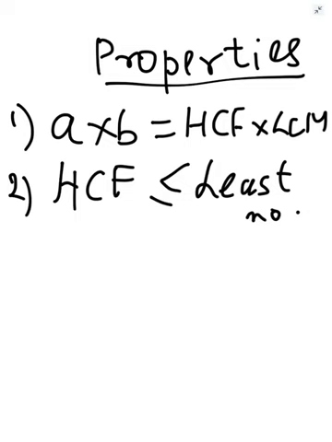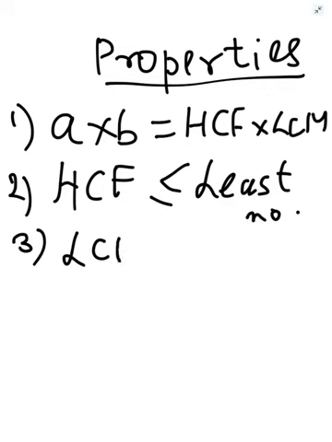In our example, we found the HCF as 2, which is less than 8. But it can be equal also. How? If both the numbers are equal, suppose A is 8 and B is also 8, then HCF is also 8. In that case only it is equal. Otherwise, if the numbers are different, HCF will always be less than the least number.